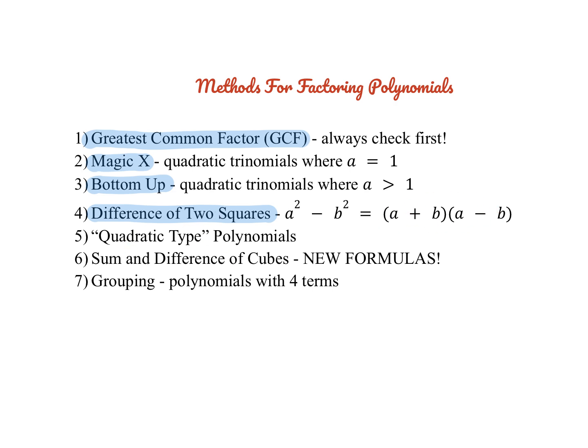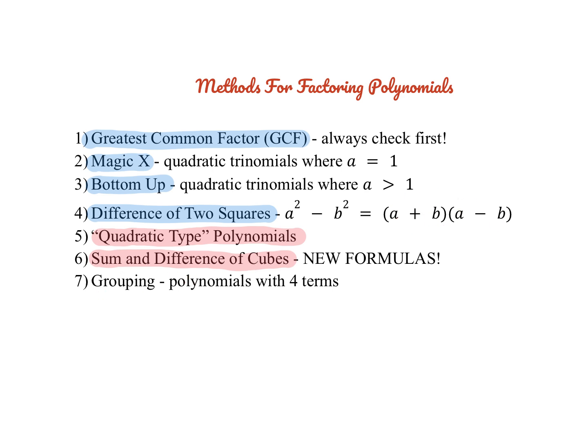Today, we're also going to be looking at quadratic type polynomials. So polynomials that aren't quadratic, but you can factor them like a quadratic. We're also going to learn a new set of formulas for the sum and difference of cubes. It's kind of like difference of two squares. It's a specific scenario that has a formula that helps us to factor it.